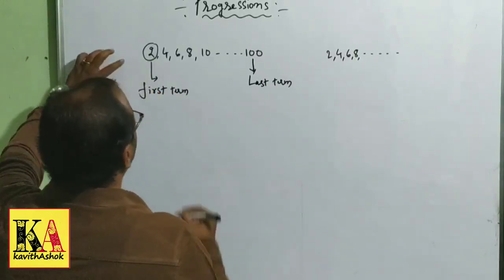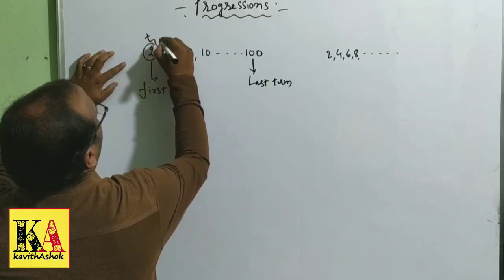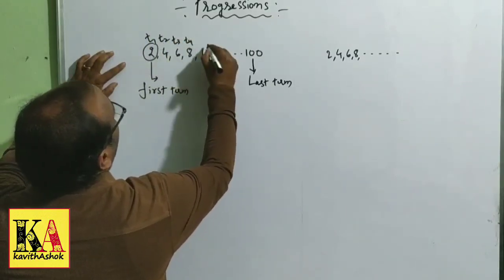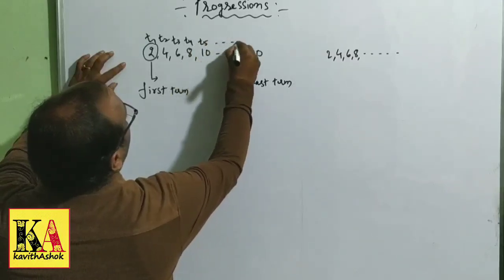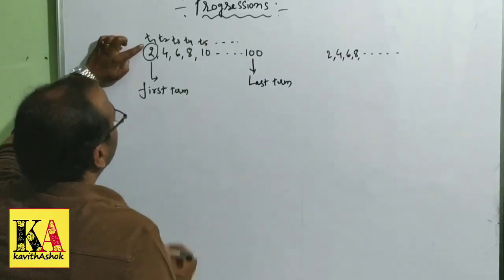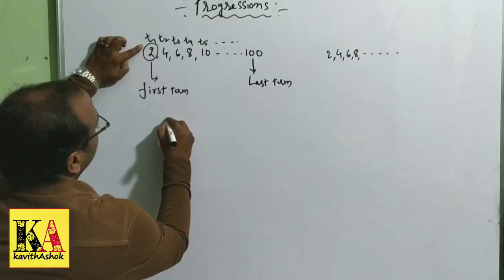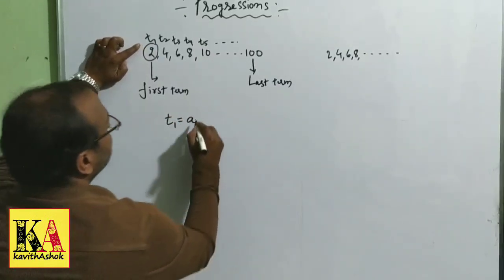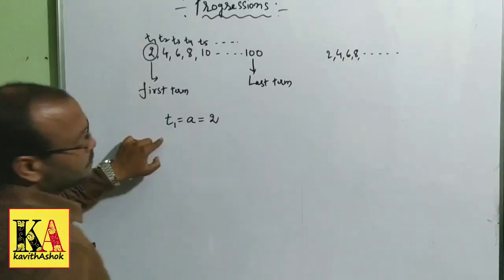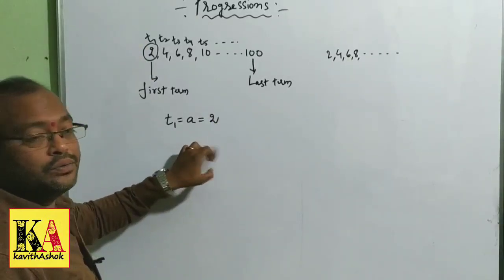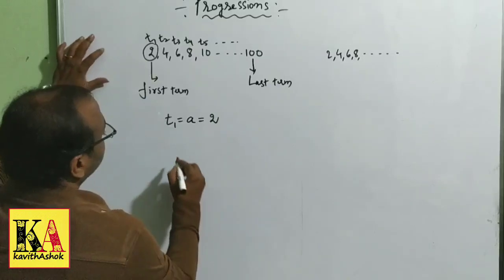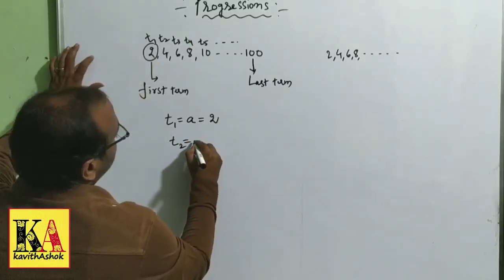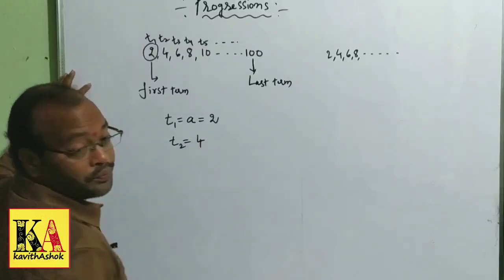Look here now. This is T1, the first term, then T2, T3, T4, T5, and so on. The first term is called T1. We can denote this as A. Here A is 2. T1 is equal to A, which is equal to 2. Next, T2 is the second term, which is 4.